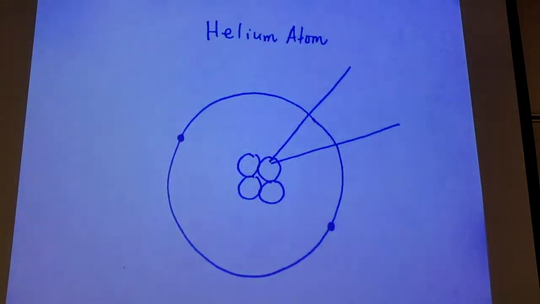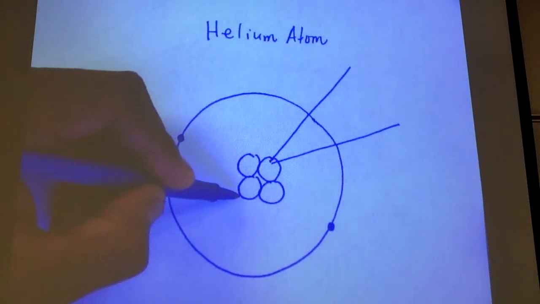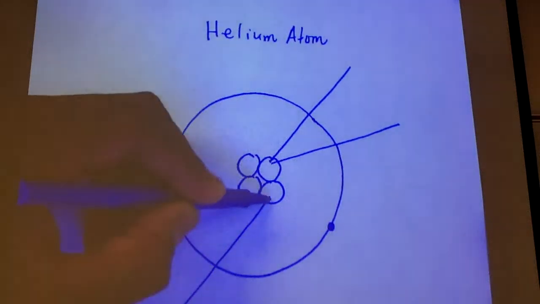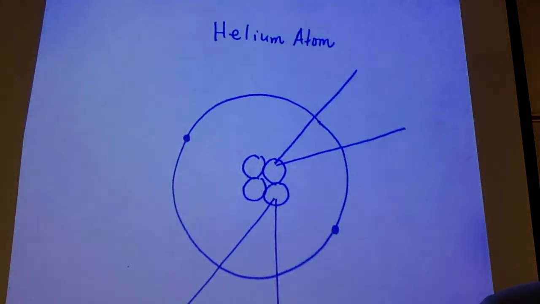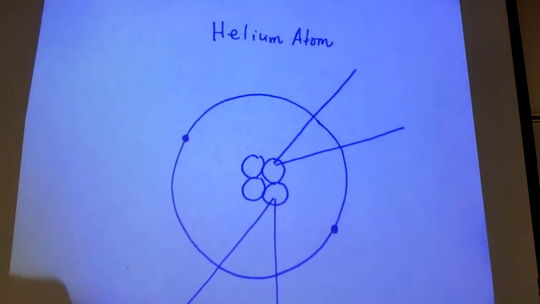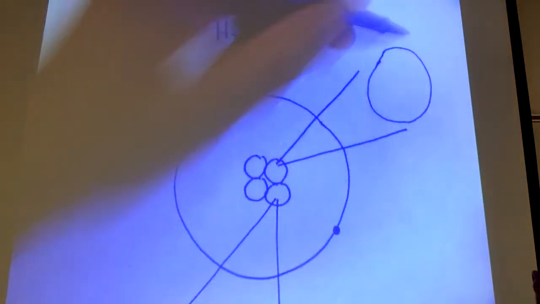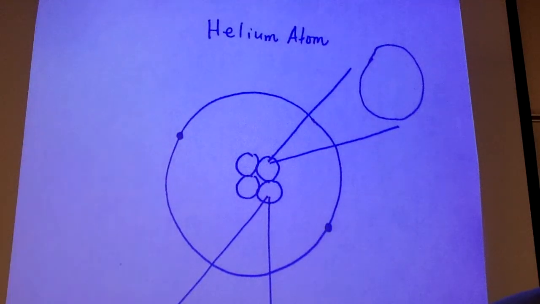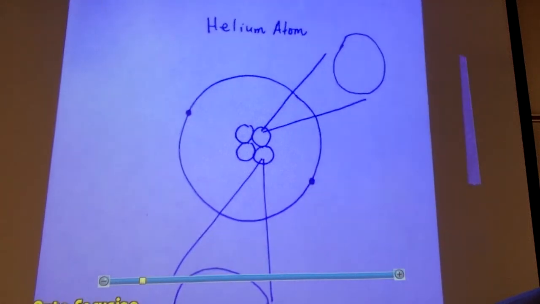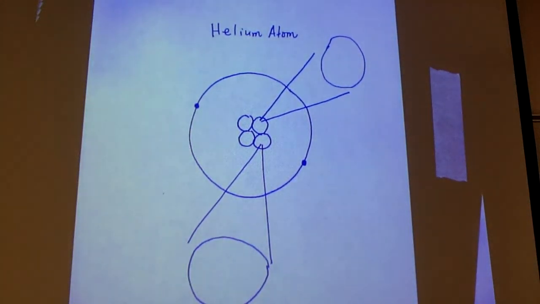I also want you to label what's inside of a proton and what's inside of a neutron. So we're magnifying those. Sorry, my circles aren't very perfect there. So go ahead and draw it, and then I want you to label it.